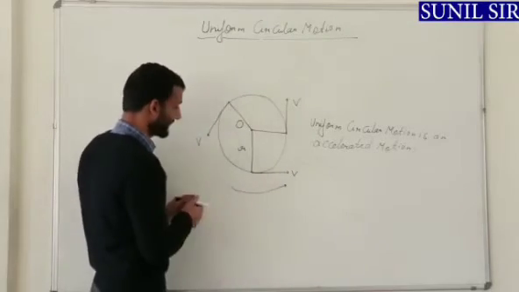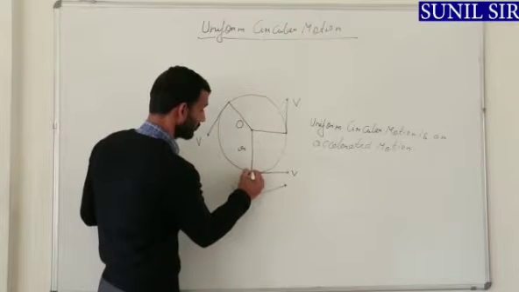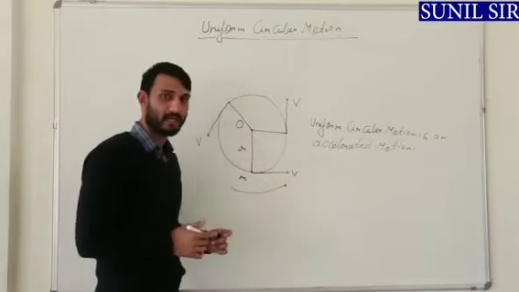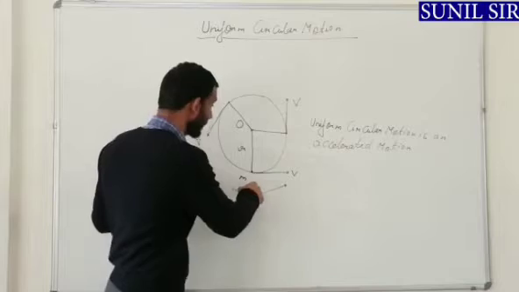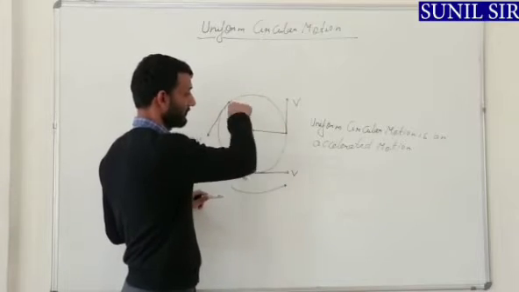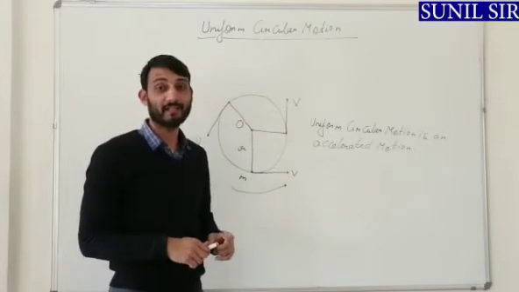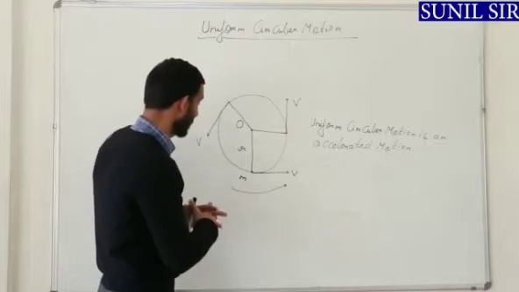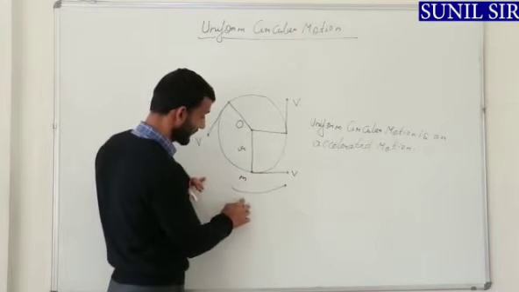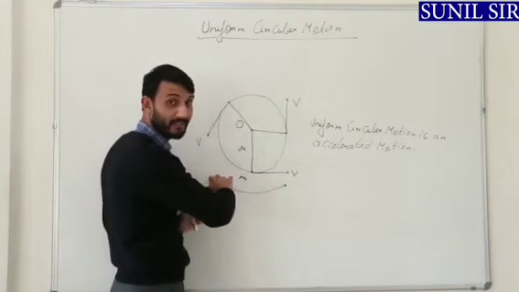An object whose mass is m is moving in a circular path. Since the object is moving in a circular path, it is a circular motion. Now, we assume that the object is moving in the anti-clockwise direction like this.